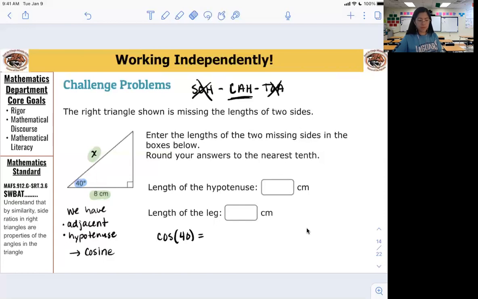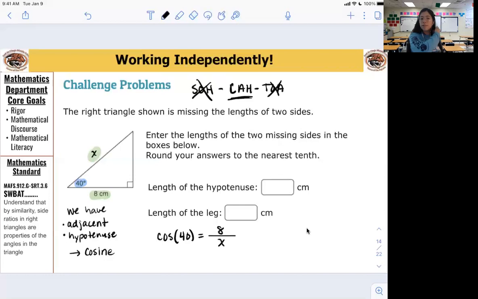Okay, so 40 is right here. X over 8, I think. Adjacent over hypotenuse. Which one's the hypotenuse? Which one's the longest? 8 over X. There you go. It's 8 over X, because it's adjacent over hypotenuse.